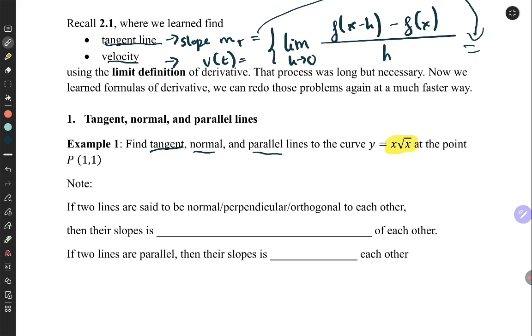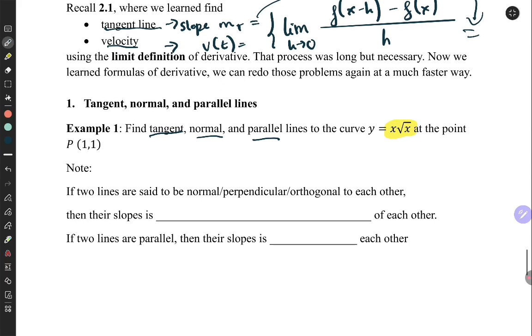All right. Before we find the normal line and parallel lines, we need to know their properties. If two lines are said to be normal or perpendicular or orthogonal to each other, I use a bunch of synonyms, they basically form a 90 degree angle to each other.